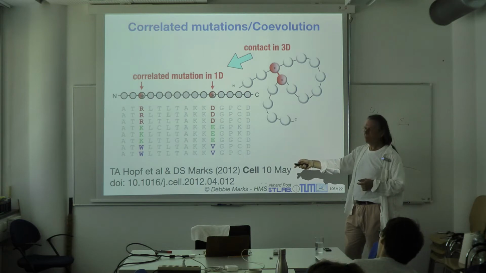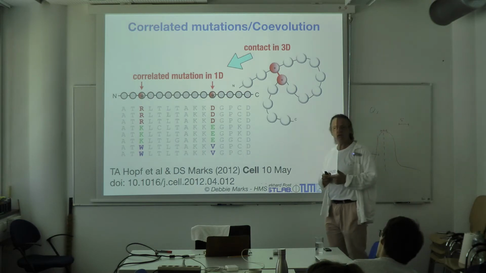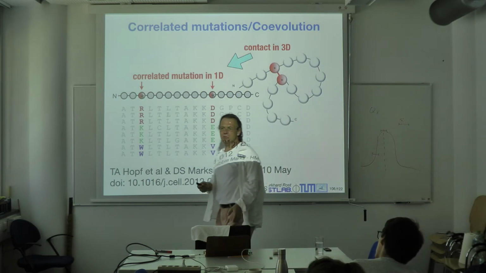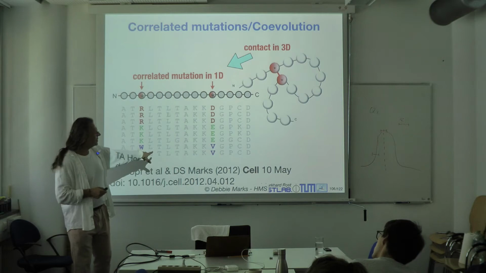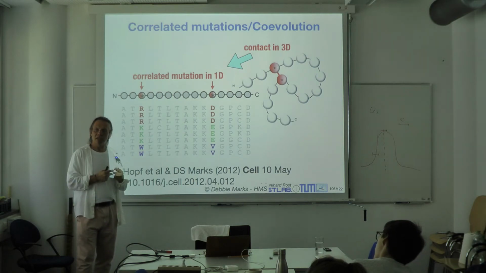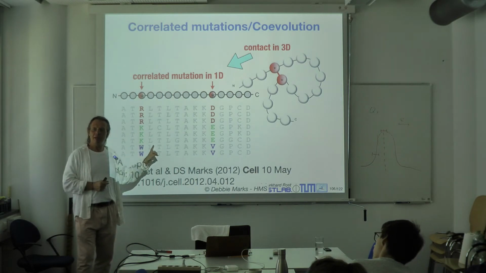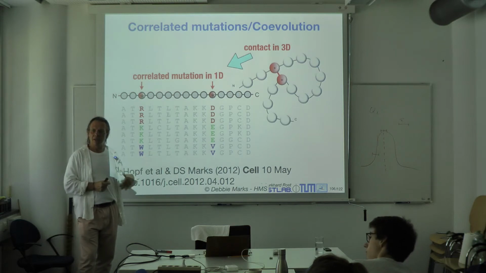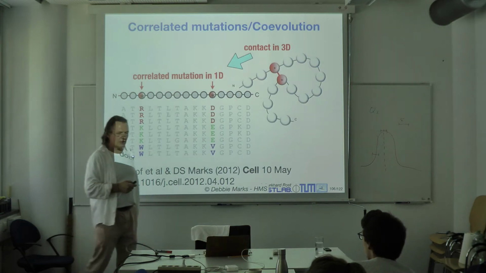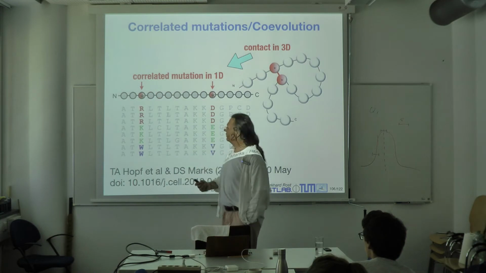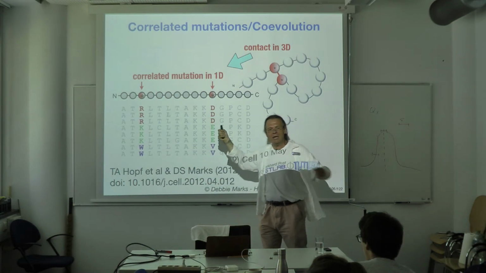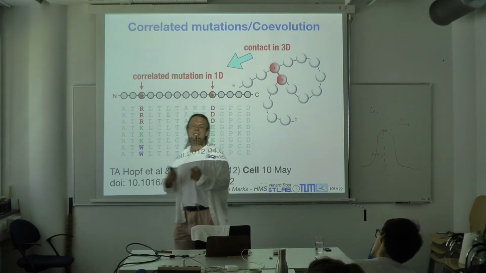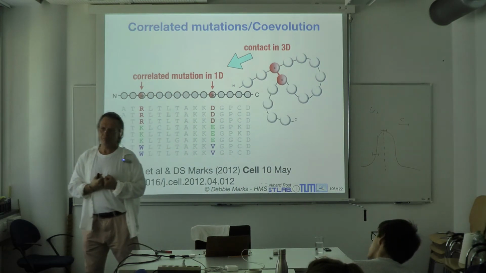Or you completely get rid of the charge and you have two strongly attractive hydrophobic residues, valine and tryptophan. But you see that the same position has the same event happen in the same organism. So there's a coordinated event, and the goal would be to look at the alignment, get out all of these events, and then say, whenever I see a correlation, those two residues are in contact.